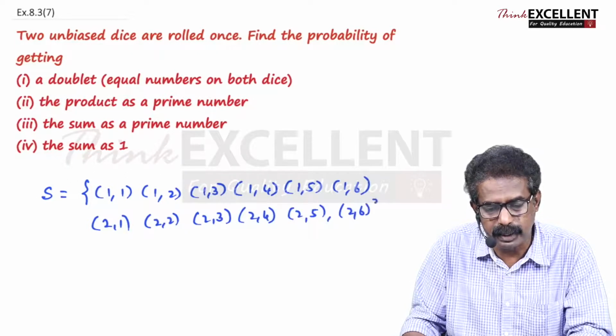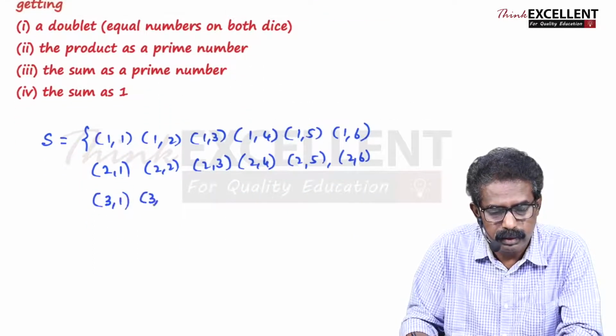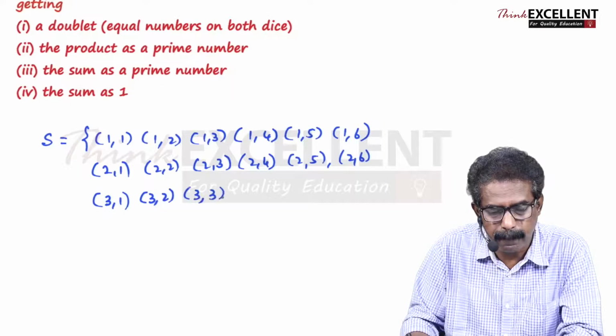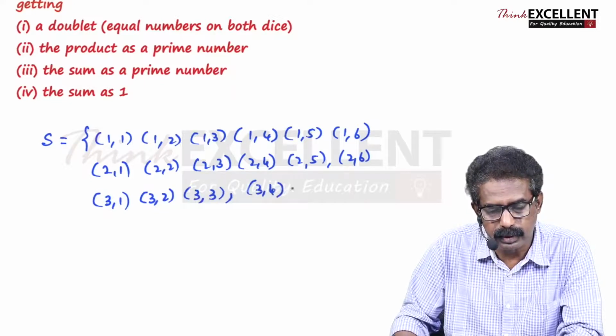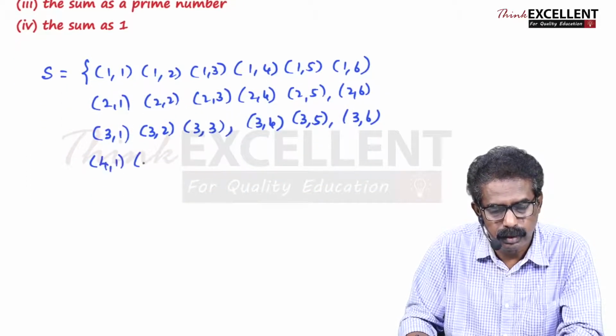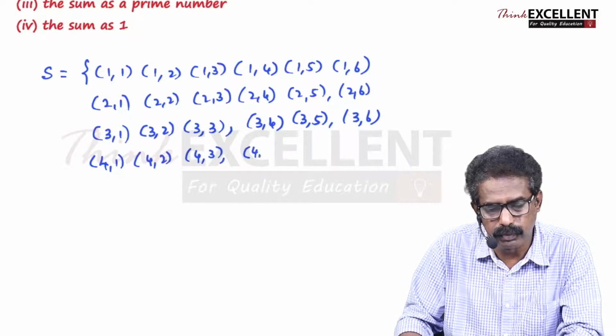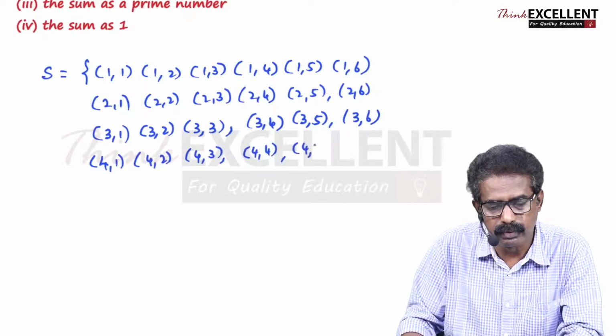Then you won't make mistakes. Then the third row: 3 1, 3 2, 3 3, 3 4, 3 5, 3 6. Then in the fourth row: 4 1, 4 2, 4 3, 4 4, 4 5, 4 6.